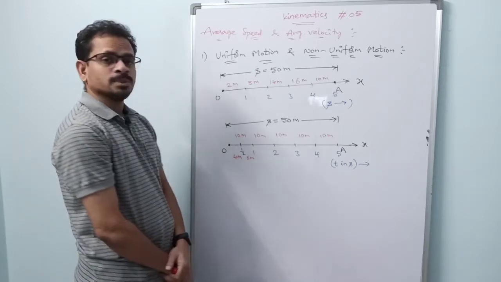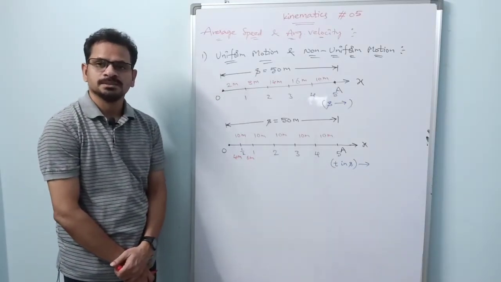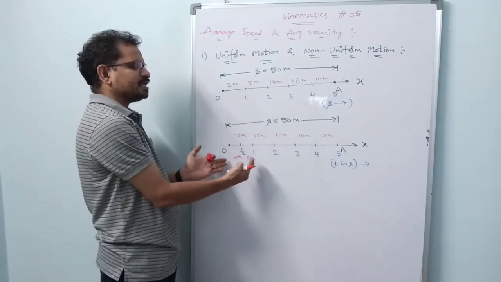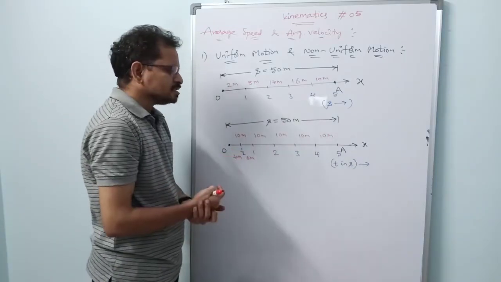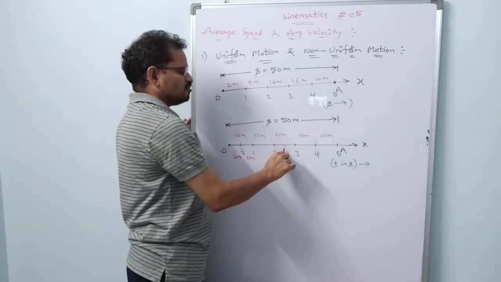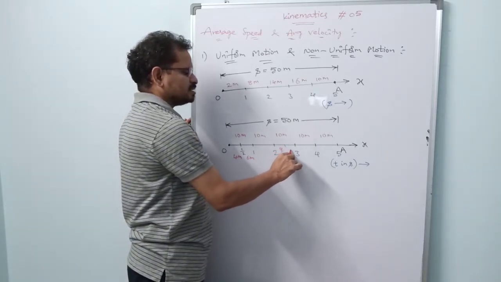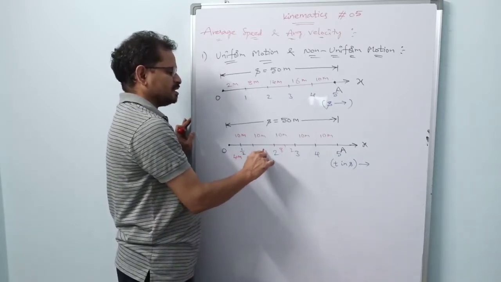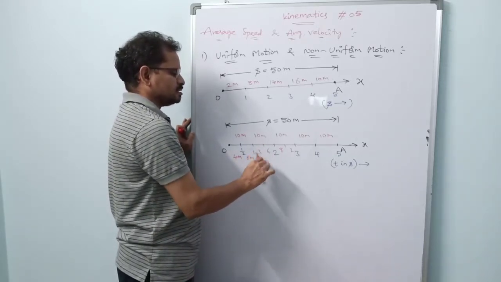Is this not possible? Yes, this is possible. So the same story can be repeated in different time intervals. Suppose for the first half it moves 8 meters and then 2 meters, here 3 meters and 6 meters, 3 meters and 7 meters.